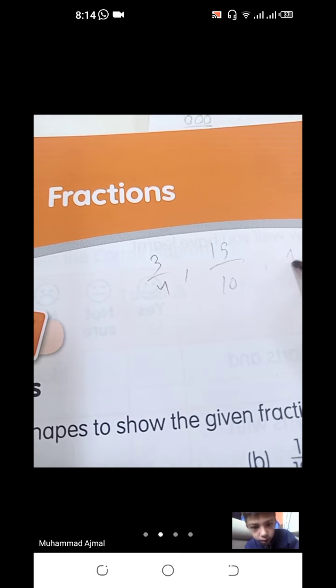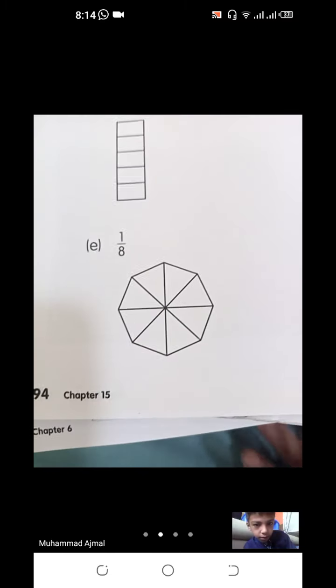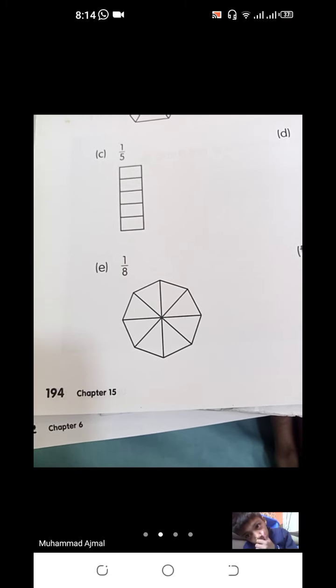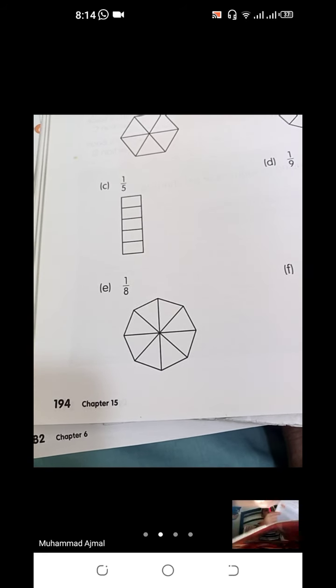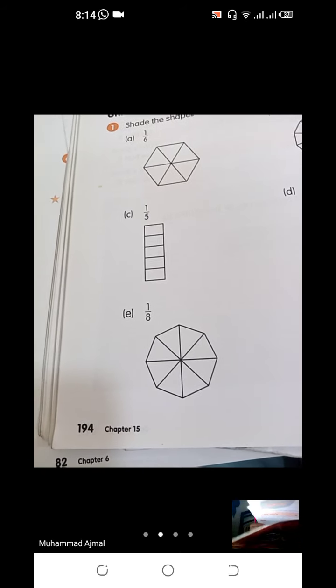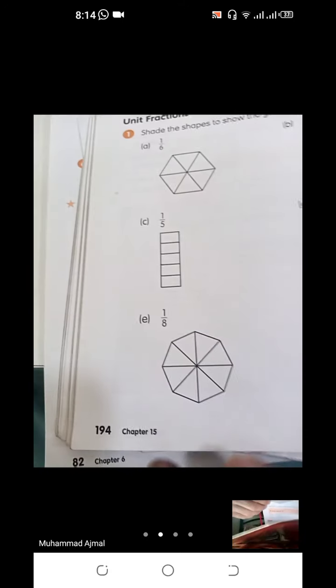And 1, 2, 3 are whole numbers. So page 194, activity book. The topic is fraction.